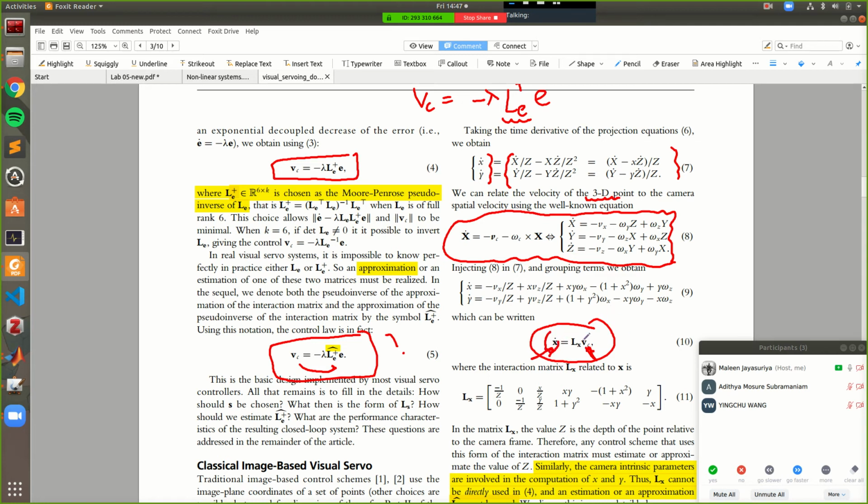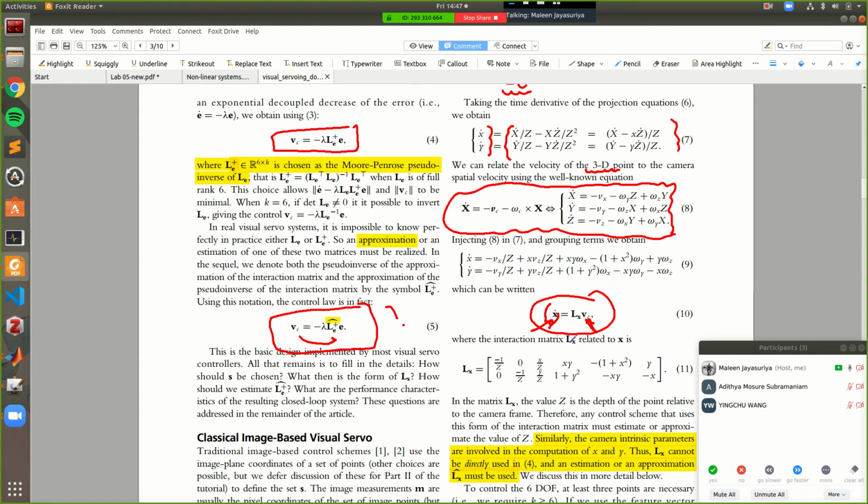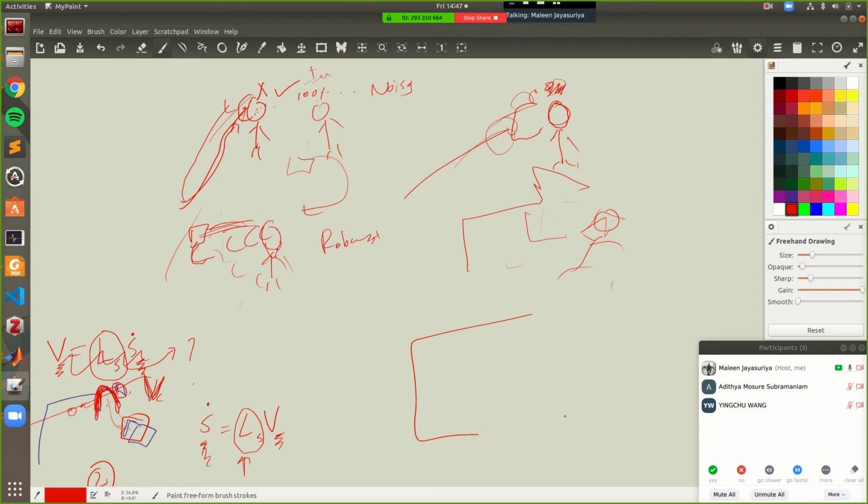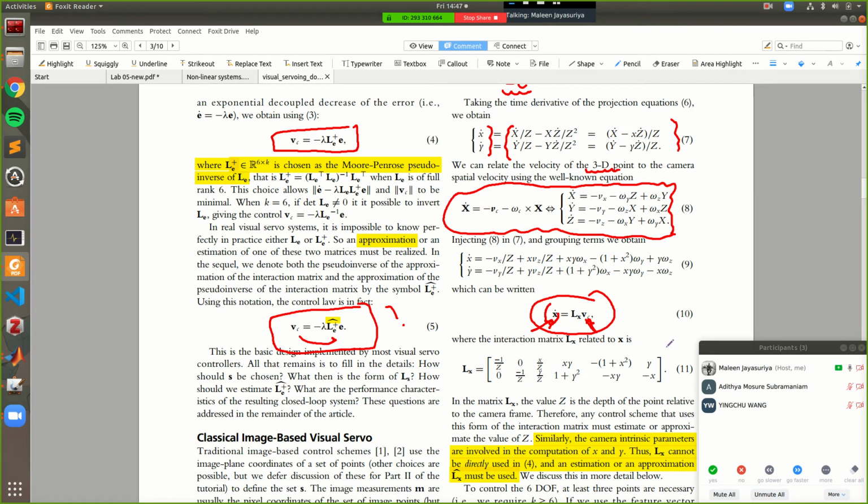So by taking the 3D velocities out of this, you can put it into a matrix form, right? So if your features are described as just 2D points like this, what this means is those 2D point locations in your image, their velocities as the gripper moves are related to the gripper's velocity by these set of equations.